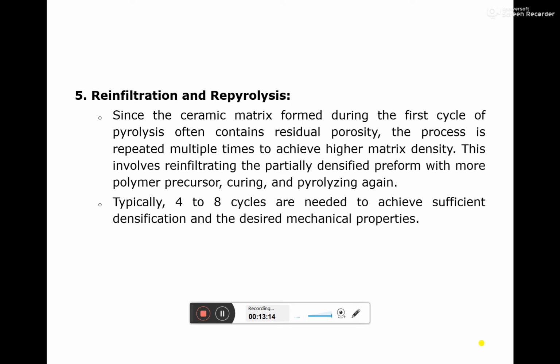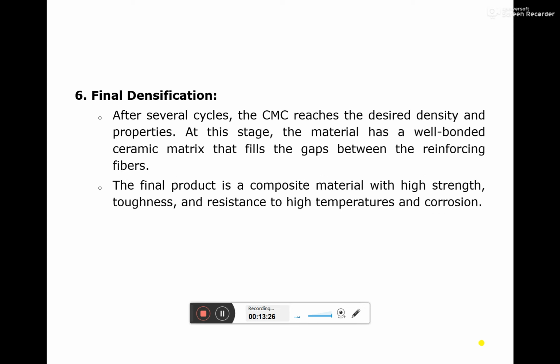If you want the desired mechanical properties, then definitely we have to perform this infiltration and pyrolysis process for 4 to 8 cycles. After performing several cycles, based on the thickness and other factors, we produce the desired CMC object with the desired density and properties.